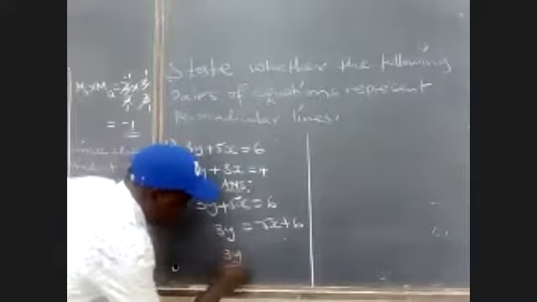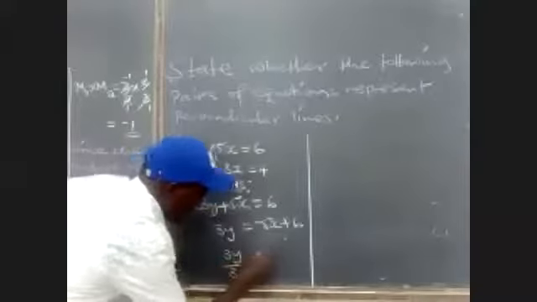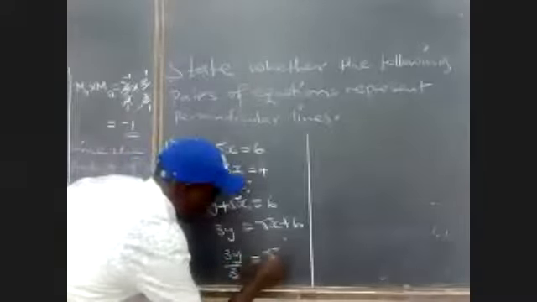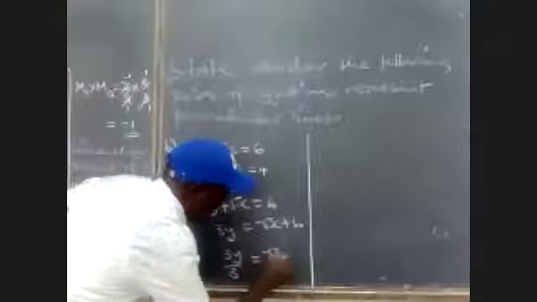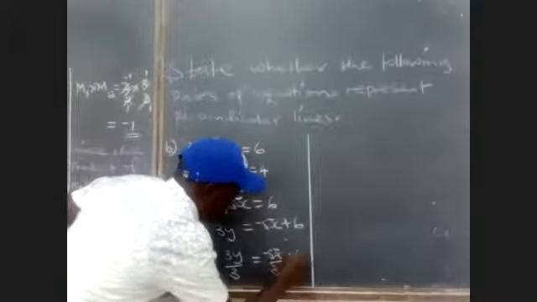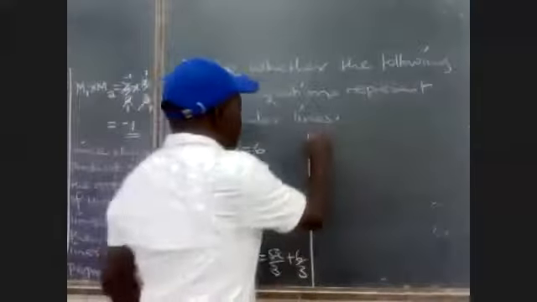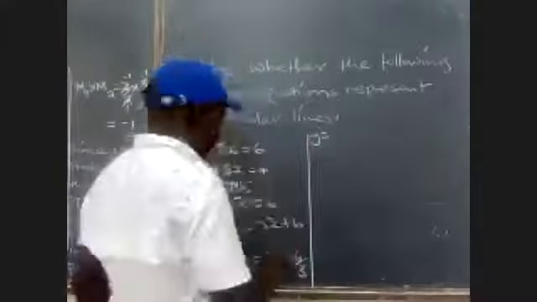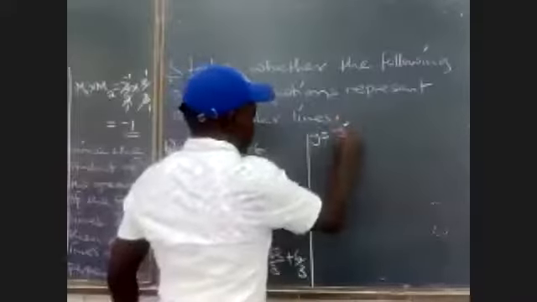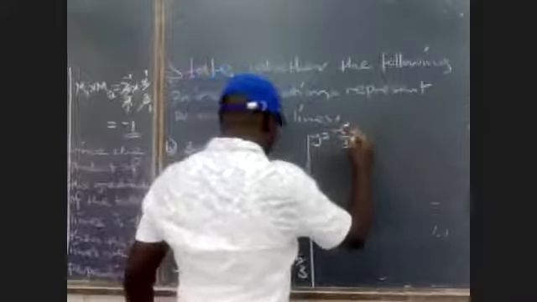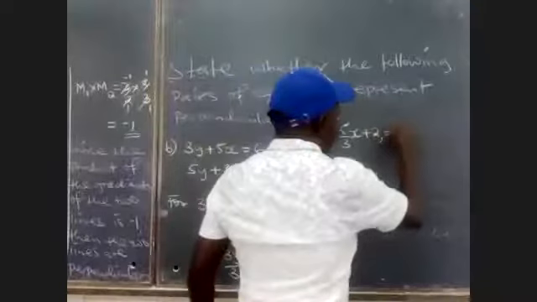So 3y divided by 3 is equal to negative 5 divided by 3 x plus 6 divided by 3. So y is equal to negative 5 divided by 3 x plus 2.